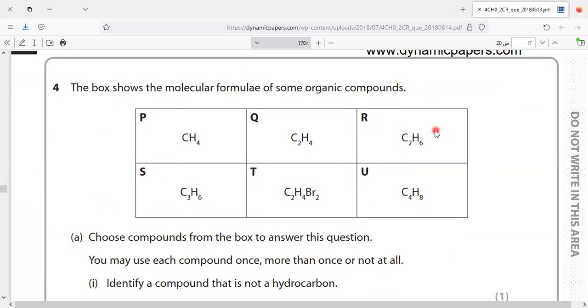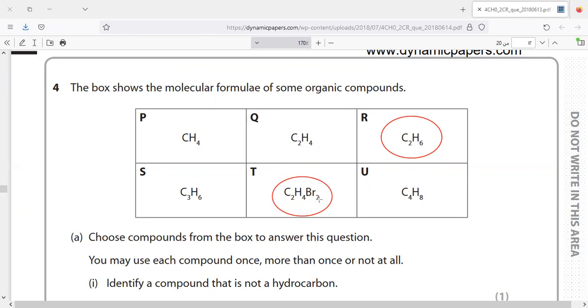How? Reaction with what? You will react R with what to form T? Muhammad, C2H6 converted to C2H4Br2. So it reacted with what?